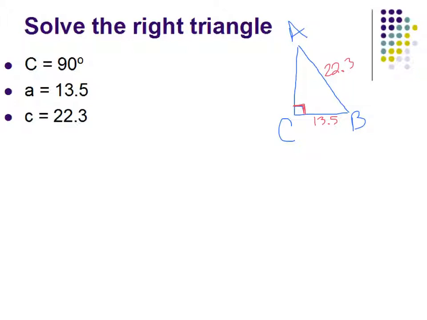And then I'm going to be looking for this little b here. All right, this one is approached probably a little bit differently because of what they've given us. I am missing angle A, I am missing angle B, and I'm missing little b, side B.